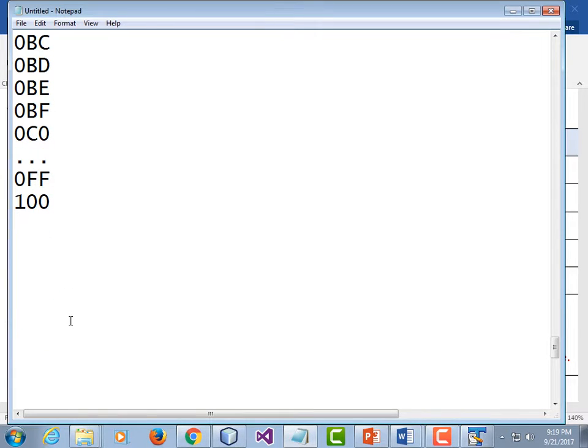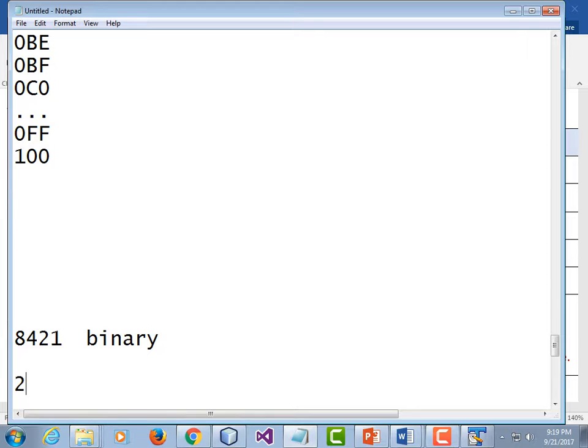So instead of an 8's place, a 4's place, a 2's place, and a 1's place, like we have in binary, which is 2 to the power of 3, 2 to the power of 2, 2 to the power of 1, 2 to the power of 0.